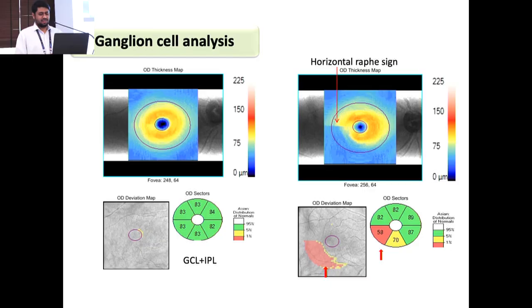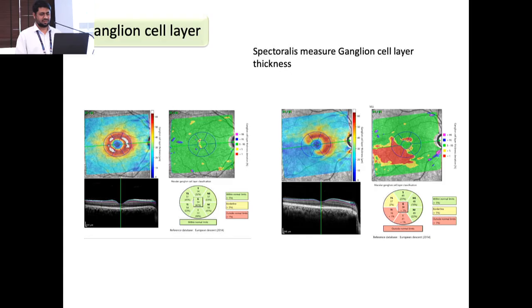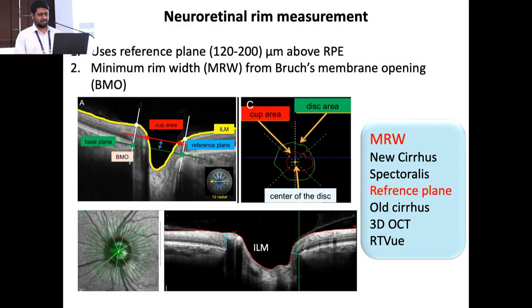And you can see a horizontal raphe sign, a very clear feature of glaucoma. It obeys the horizontal meridian, and that is very well documented in the Zeiss Cirrus OCT. If you use that, you can clearly see the horizontal raphe sign. And in the ganglion cell layer analysis in the Spectralis, this one is normal and the other one has the inferior defect. So usually all the parameters will try to correlate.